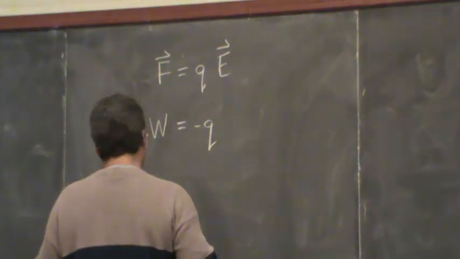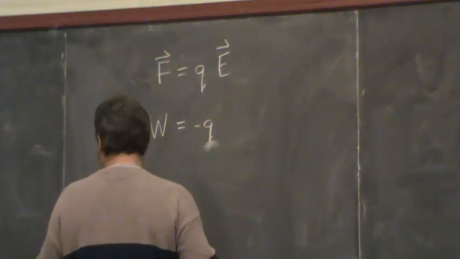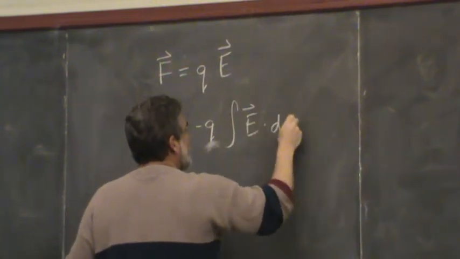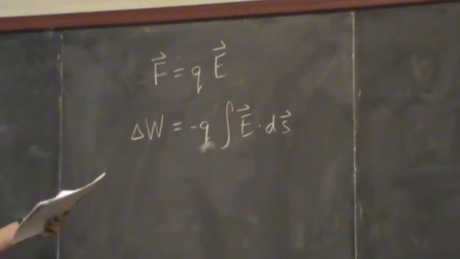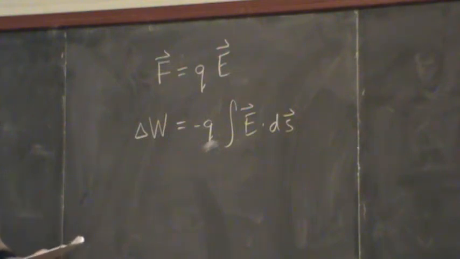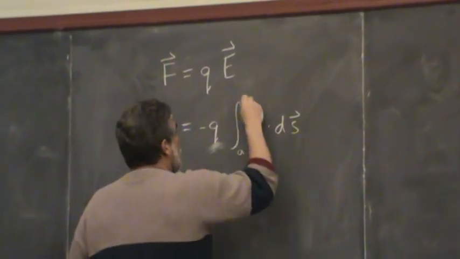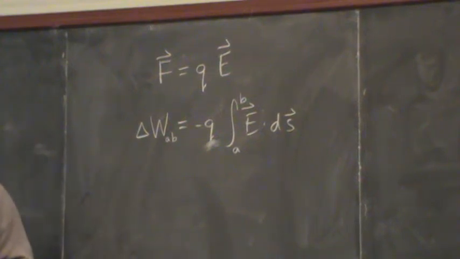Q times the integral over the path. I'll use S as my variable that I'm going to integrate along. So the line integral of the electric field from point A to point B is the work that has to be done.